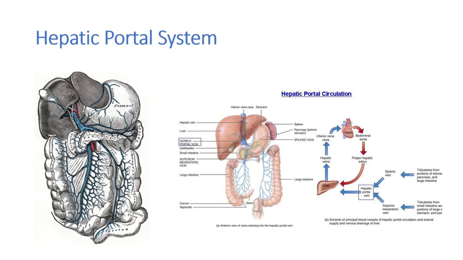So the hepatic portal vein is unique because it's a vein that goes into an organ, right? Or it's bringing blood into an organ, right? So think most veins, if you think back to our circulation discussions, veins are typically taking blood out of an organ and going back to the heart, right? Except for, of course, our vena cava, those are our veins taking blood into the heart.